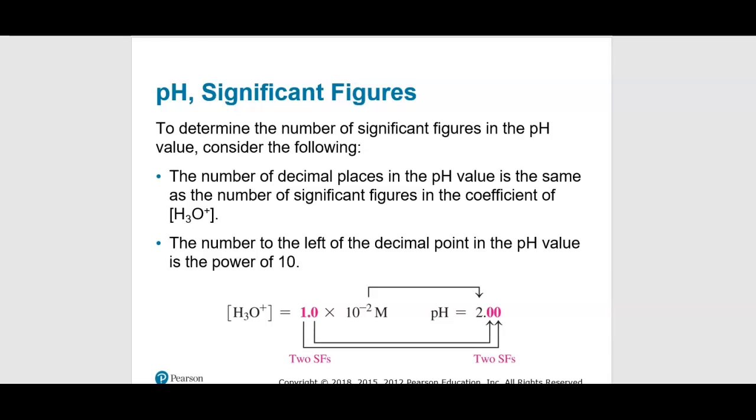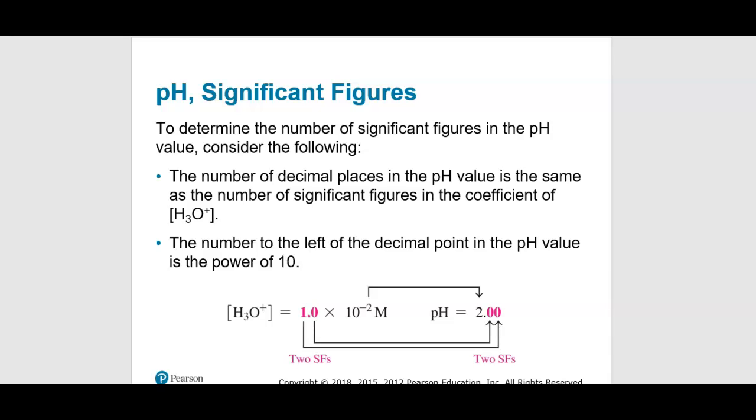To determine the number of significant figures, you consider the following. The number of decimal places in the pH value is the same as the number of significant figures in the coefficient of hydronium. The number to the left of the decimal point in the pH value is the power of 10. So the power of 10 doesn't come into play.